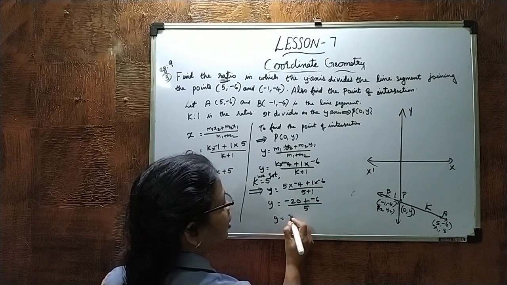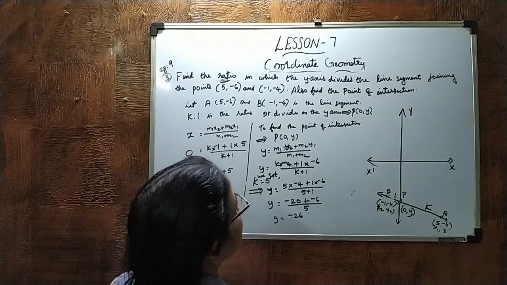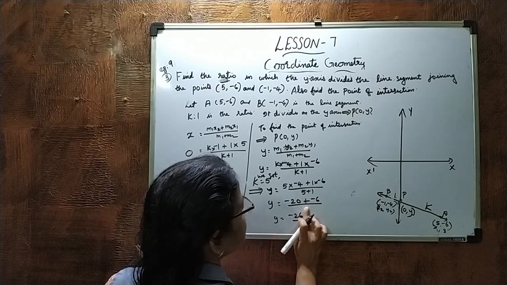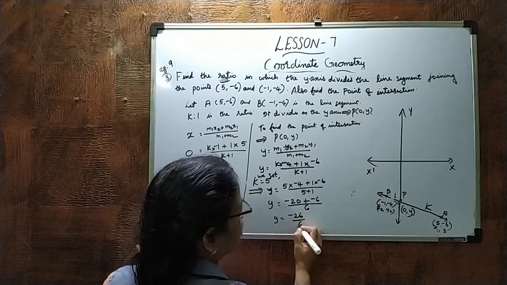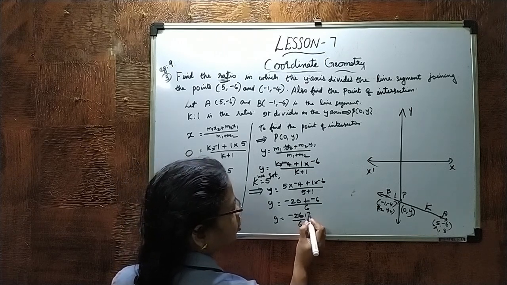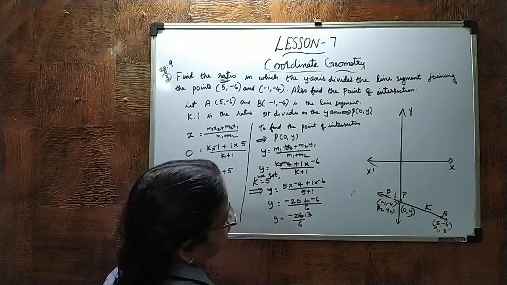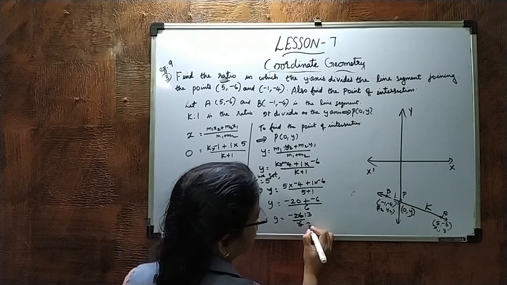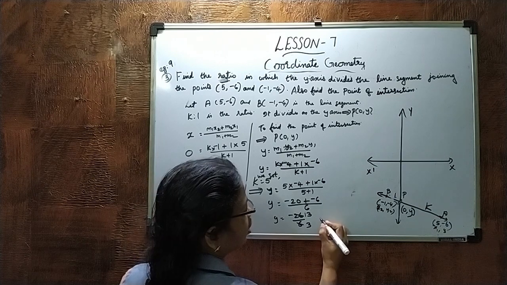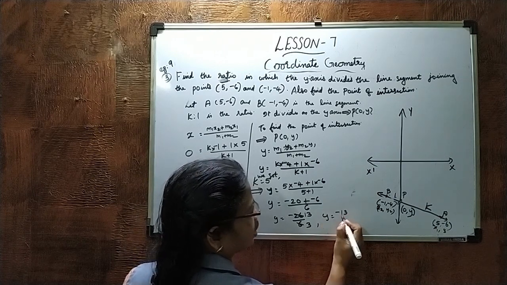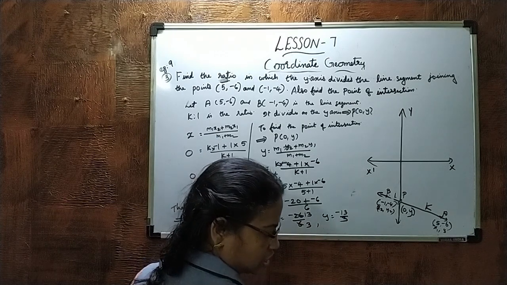That means y is equal to negative 26 divided by 6. Can you cancel? 13 into 2 is 26, and 6 is 3 into 2. So the y coordinate is, therefore, y is equal to negative 13 by 3.